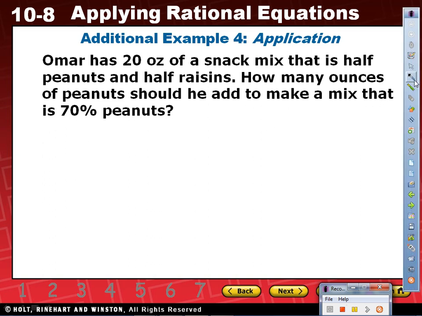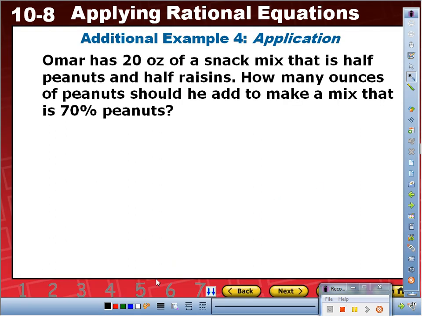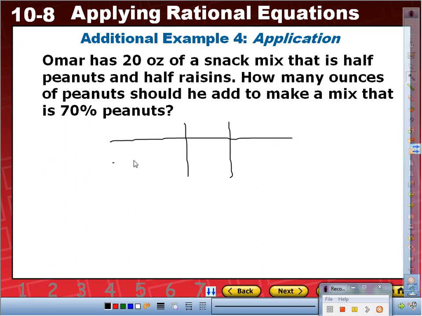So, for this one, check this out. We're going to use, remember the guess and check table to get organized? How many different items are they talking about? 2. So we write 2 lines down, 1, 2. I'm just going to do 2 across. However, for this one, I'm not going to write raisins and peanuts. Which are they focusing on here in the question?